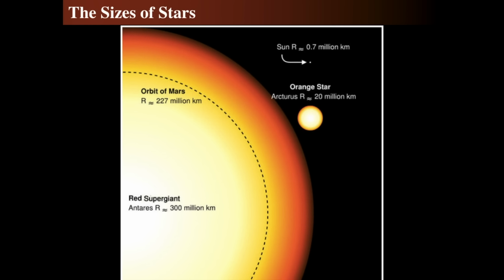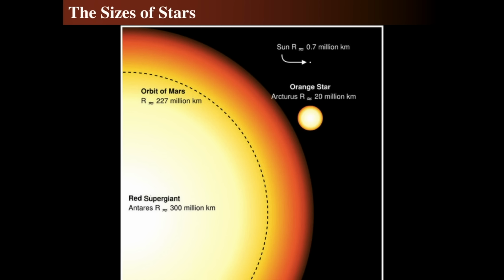All right, so stars themselves can be extraordinarily big, as we've seen in the past. The sun is only about 700,000 kilometers across, and so on this image it's really tiny, and the bright star Arcturus, which is in the constellation of Bootes, is much larger than the sun, about 30 times larger.